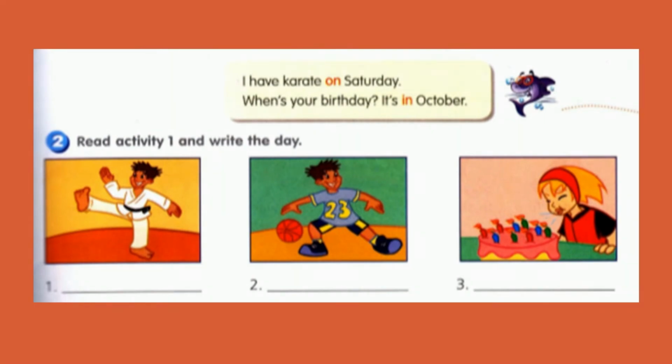Good. Okay, so now let's discuss the answer. Okay, for question 1, the answer is Saturday. Question 2, the answer is Friday. Number 3, the answer is again Saturday.